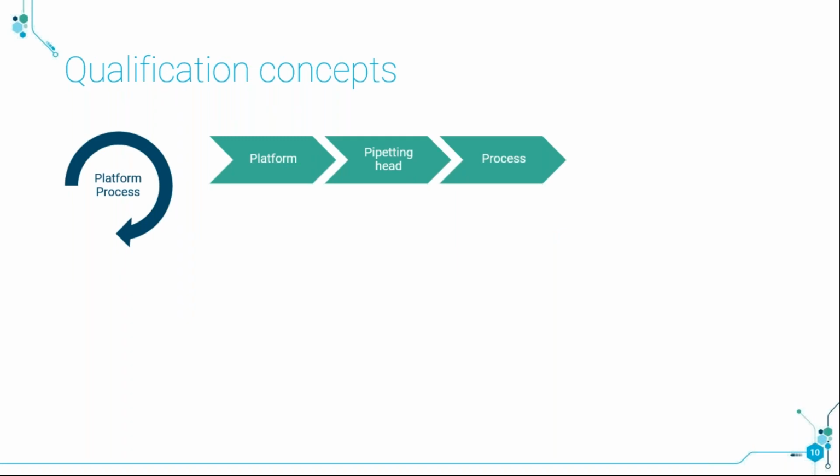The platform will be the liquid handler, the pipetting head is its format, name, and serial number, and the process is, for example, a 384 replication or any other liquid handling process that you want to run. And you will name your platform process.